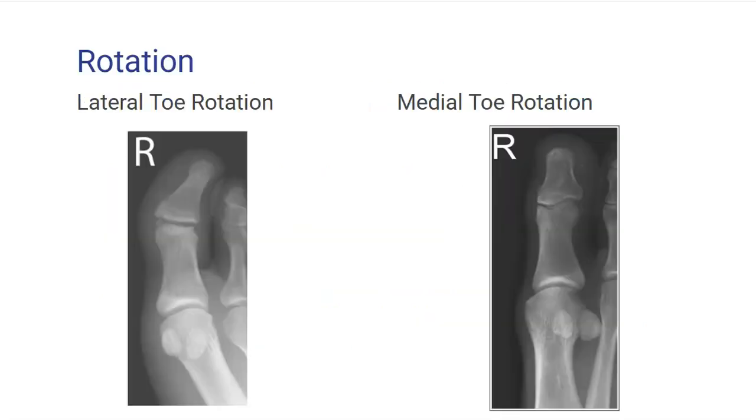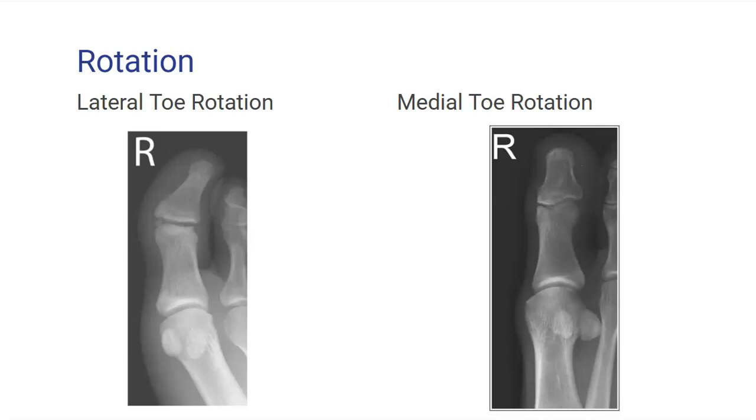Proper positioning in the AP axial projection of the toe is essential for accurate imaging. When there's lateral toe rotation, the foot and toe are rotated outward. This results in greater soft tissue width and midshaft concavity on the medial side, which is positioned away from the image receptor.